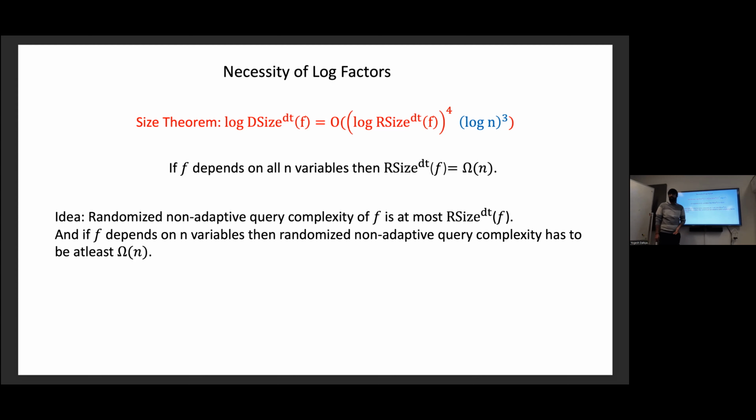It's not a very hard exercise because you can build a non-adaptive decision tree starting from your randomized decision tree, and then say that clearly a non-adaptive decision tree must have omega n size. So what this says is that now you can upper bound this log n by log of randomized size, and you can get a polynomial relationship between log of deterministic size and log of randomized size. So it's much worse.